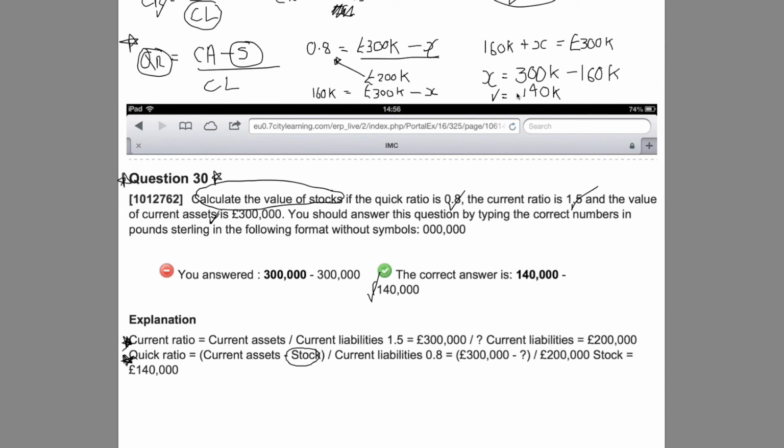However, with the quick ratio, we're taking away the stock value, so we know really how much cash there is in the company, because if you remember, current assets and current liabilities are realizable within 12 months. So it's a more useful figure in some scenarios.